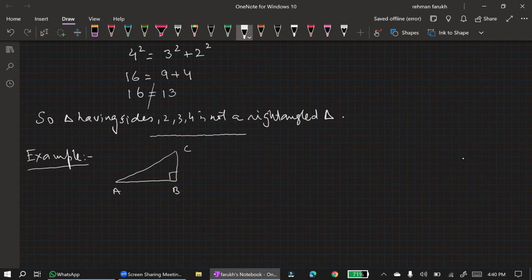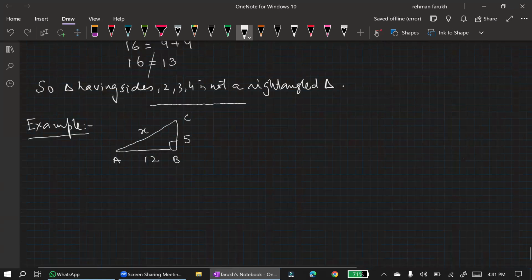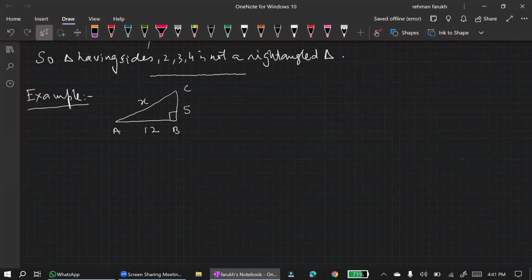Angle B is 90 degree. This side is 5. This side is 12. We want to find the side AC, which is denoted by X. It is given that the triangle is a right angle triangle. Can we use the Pythagoras theorem on this triangle? Yes, sir, because 90 degree always satisfies the Pythagoras theorem.